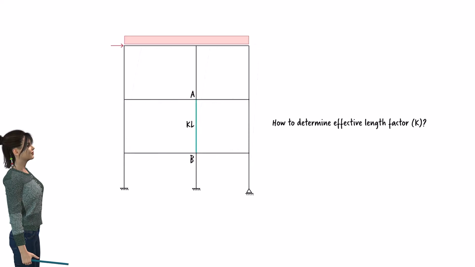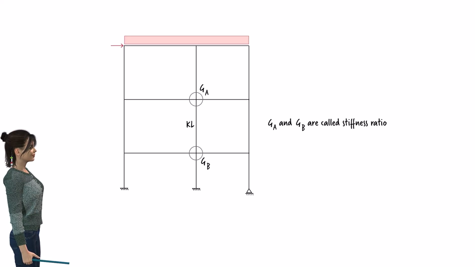Let's label the ends of the column as A and B, and use GA and GB to denote the stiffness factors at the column ends. We can estimate K for the column using these factors, also called stiffness ratios. Before we get into how K can be estimated using GA and GB, let's see how these ratios are determined.